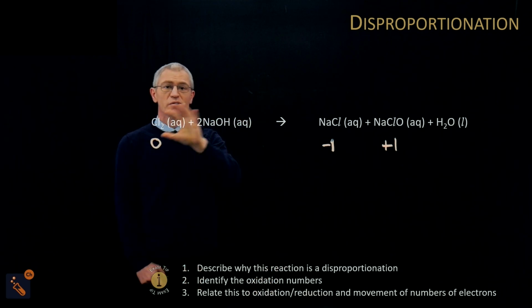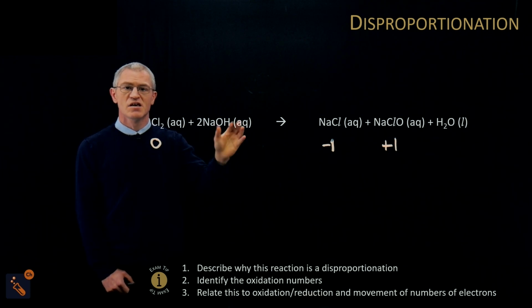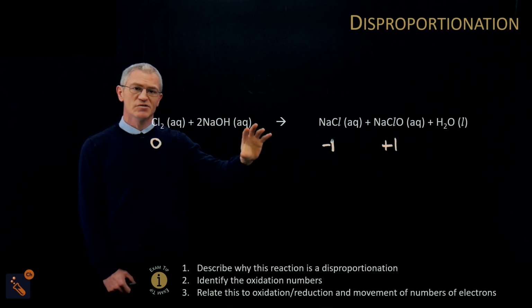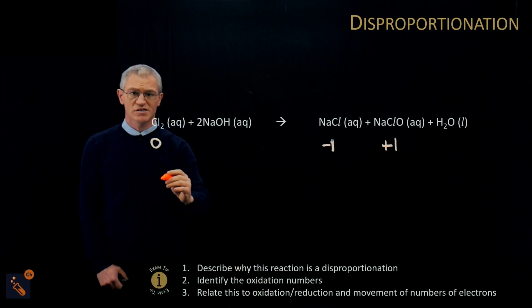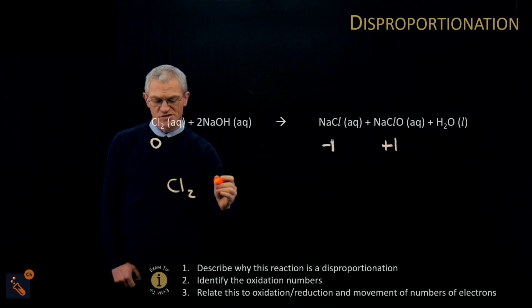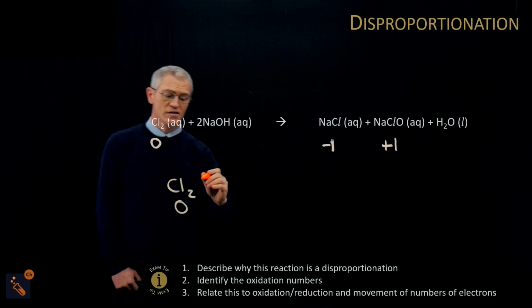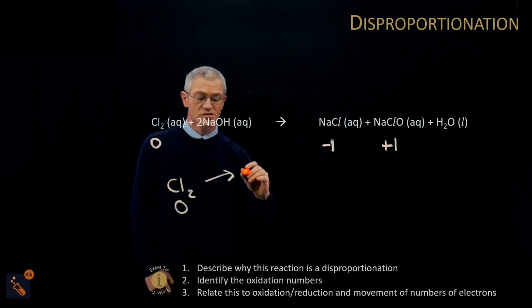And again, we're doing this a bit quicker because I showed you how last time to work out all the other oxidation numbers. So we can then go into the question itself, and we can do it like we did last time. So our chlorine, which has an oxidation number of 0, is then going to go to our sodium chloride.